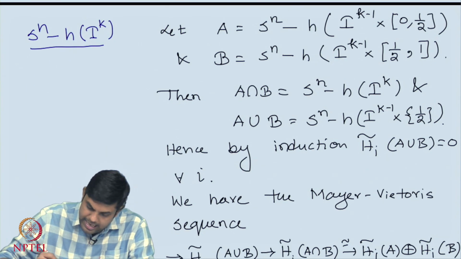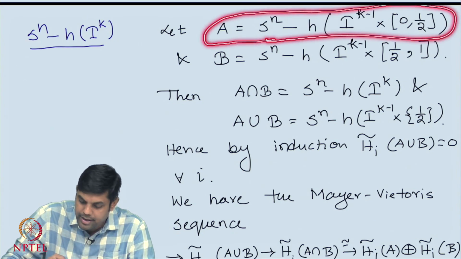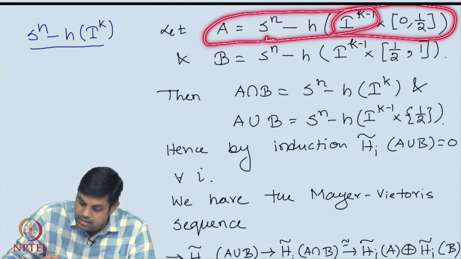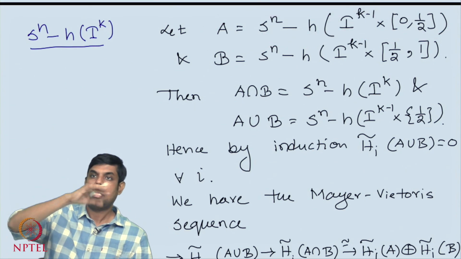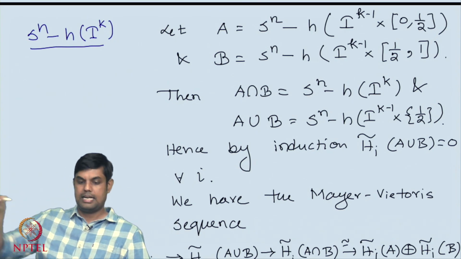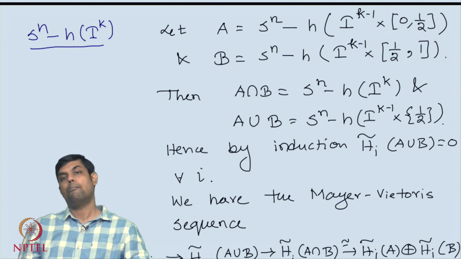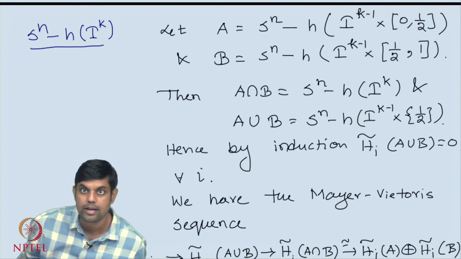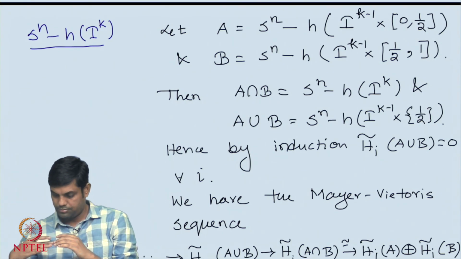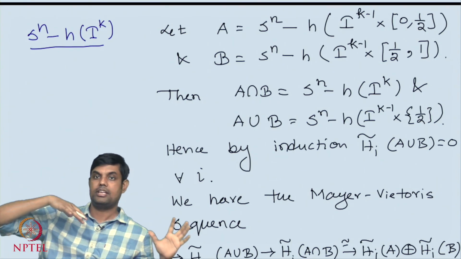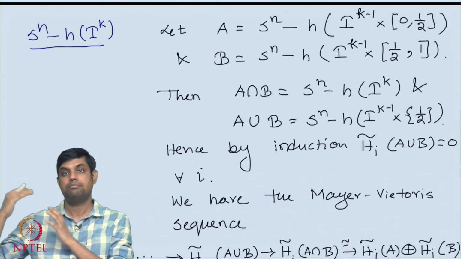I am defining A to be S^n minus the embedding of the (k-1)-dimensional cube multiplied by [0, 1/2]. So I go up to half and remove everything. That is my A, and the other half, from half to 1, the complement I am calling B. So from S^n I am removing I^(k-1) with the first half, and that I am calling A, and B is S^n minus I^(k-1) with the other half.